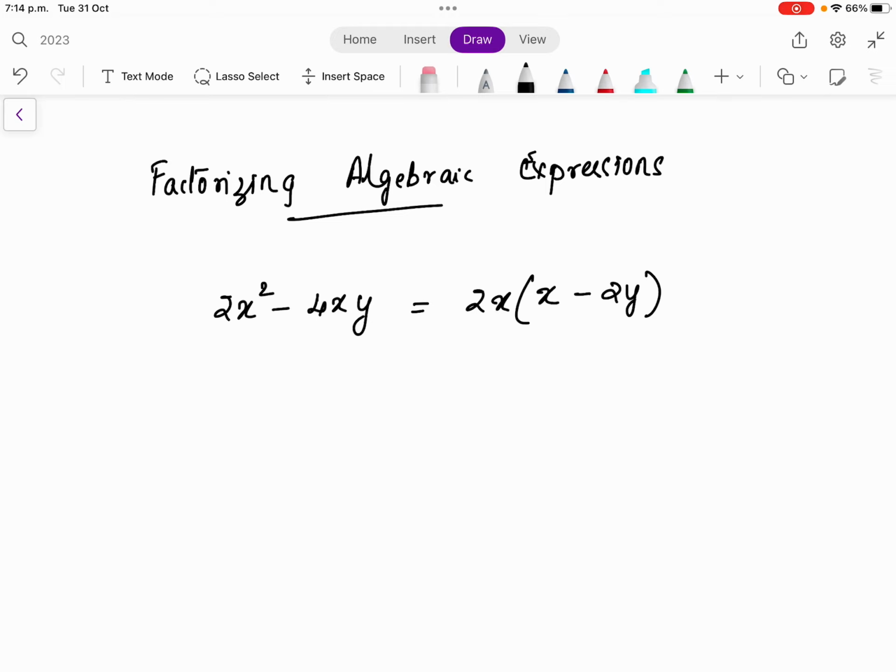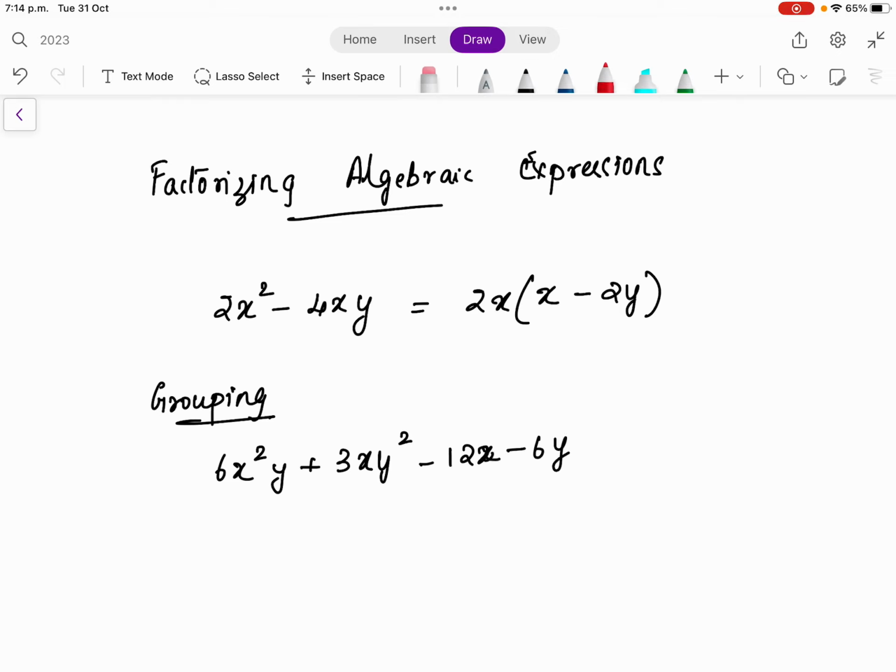Now this is the first method, and then you have something called grouping, where if you have more than 3 terms, this is how you factorize. An example will be 6x square y plus 3xy square minus 12x minus 6y. If you have an equation like this, you can group this and this, and then take the common factors outside, which could be 3xy out of this, leaving 2x plus y.